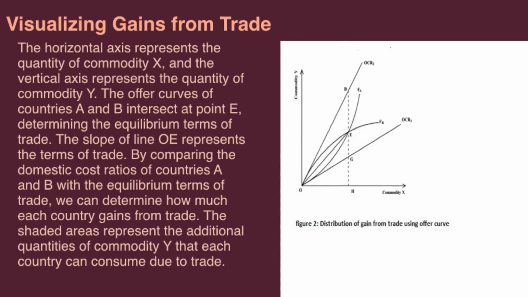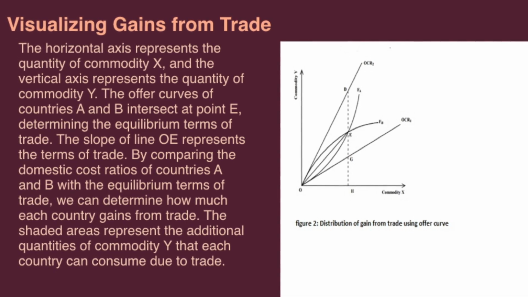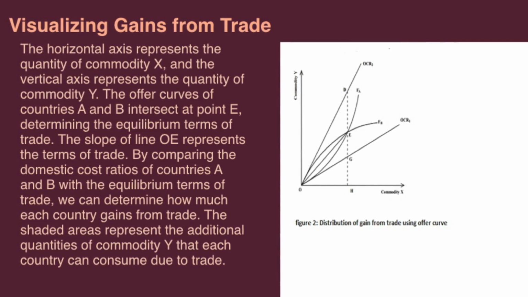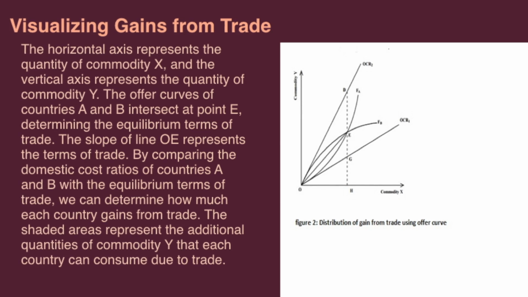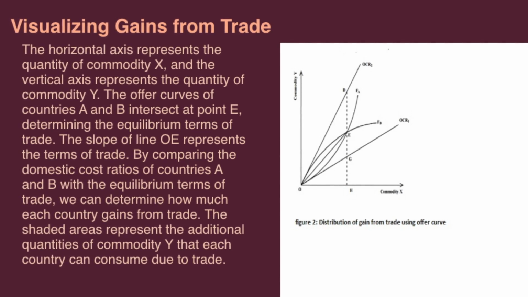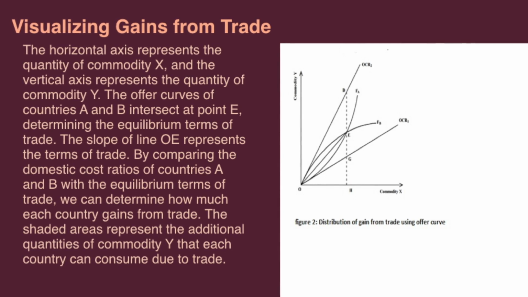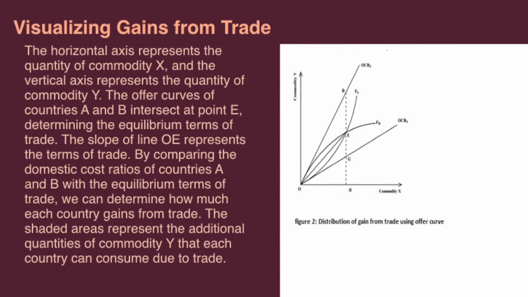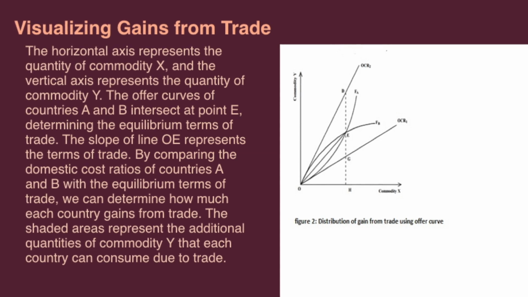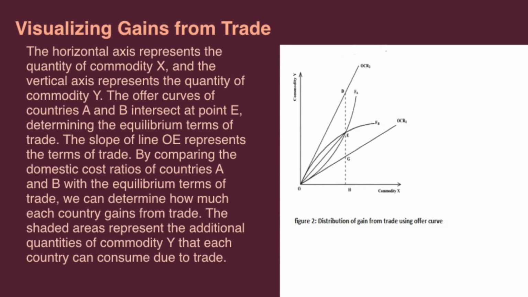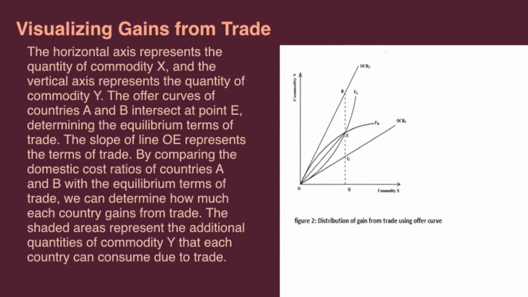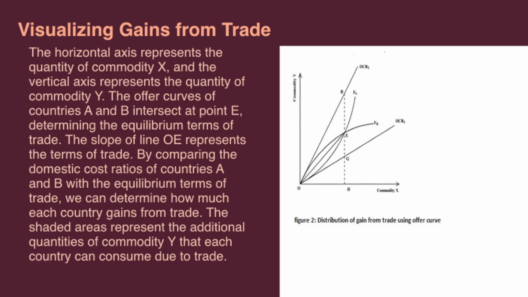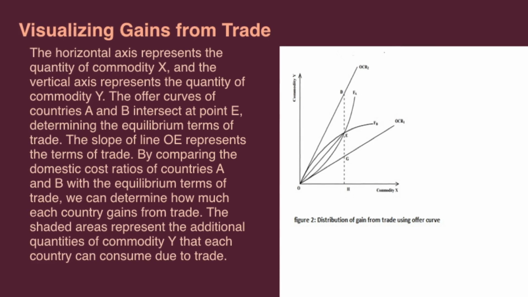Now if you see figure 2, OCR1 and OCR2 are the domestic cost ratios for producing commodities X and Y in countries A and B. These two rays are the boundaries within which the terms of trade should lie. So the terms of trade always lie between the two boundaries, which are set by OCR1 and OCR2.